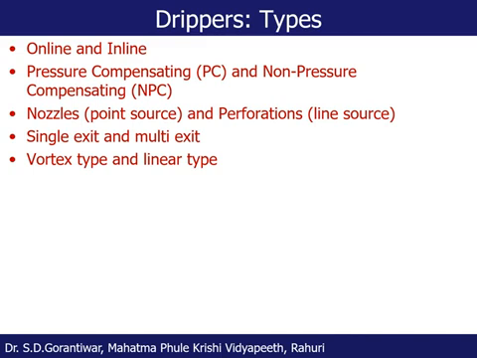Then the fourth category is whether the emitter or dripper is single exit or multi-exit. And the fifth category is whether it is of the vortex type, linear type, or labyrinth type. So these are the 5 categories, and I will explain all of them one by one, and I will also tell you what kind of filter and what kind of drippers to be used.